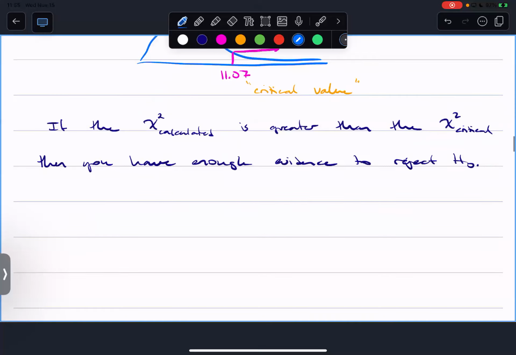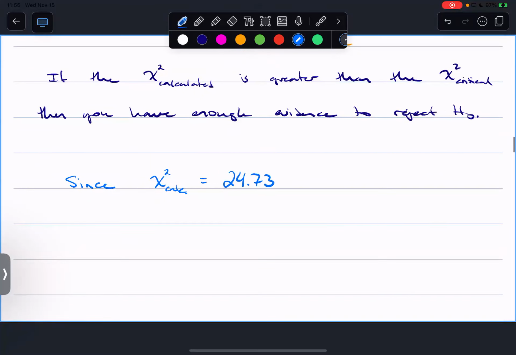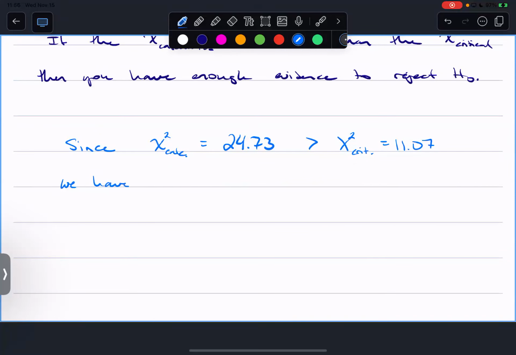So in this case, what you would say is, since the chi-squared calc is equal to 24.73, which is greater than the chi-squared crit, which is equal to 11.07, we have enough evidence to reject H naught in favor of HA, but let's just leave it at that.